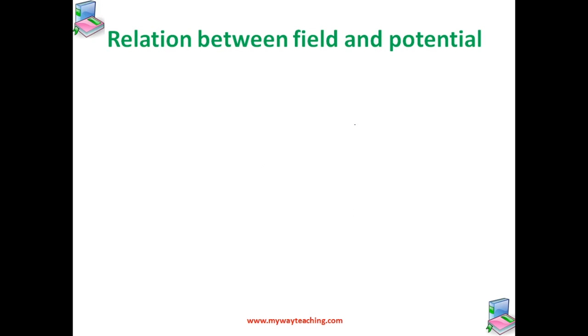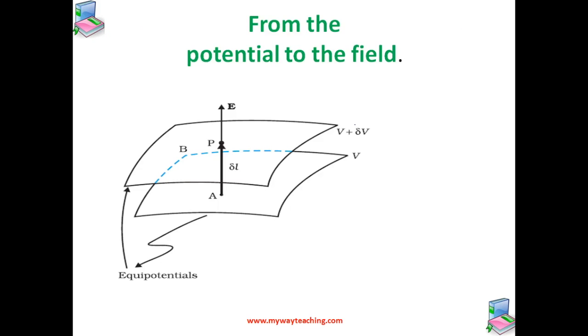Now let us study the relation between field and potential. For that, consider two closely spaced equipotential surfaces A and B. Both A and B are equipotential surfaces, so the potential at every point on a surface is constant.